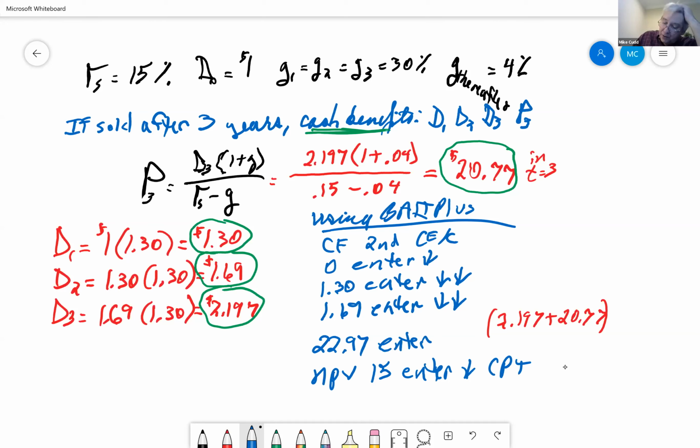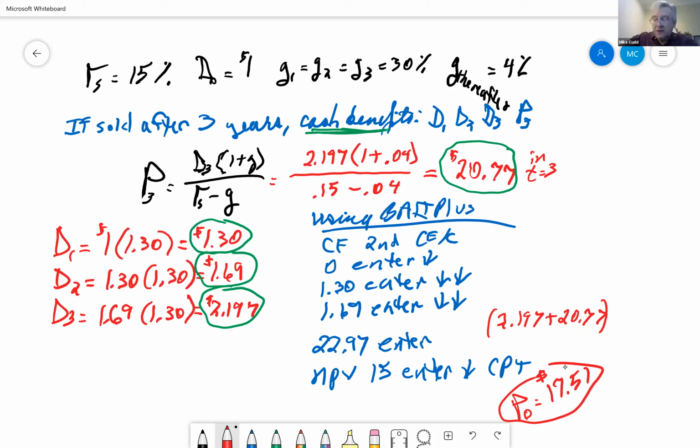Now let me see if I get my check figure. I'm getting 17.51. And that's what we think the stock is worth now.